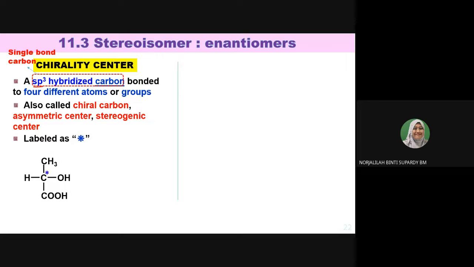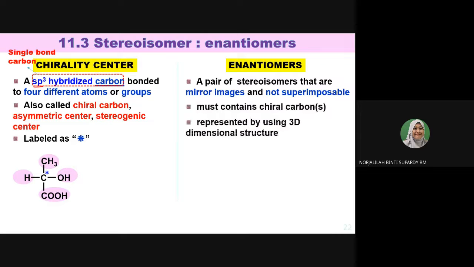So if you want to check the stereogenic center, just label it with an asterisk. But if you want to draw the enantiomer, you must draw a 3-dimensional structure.